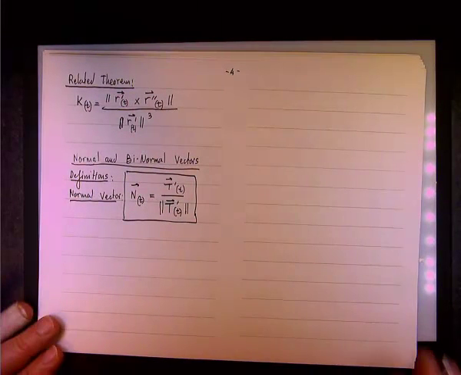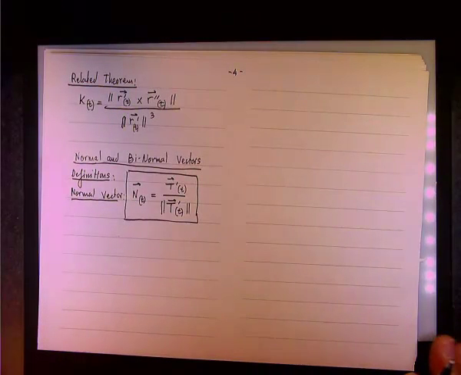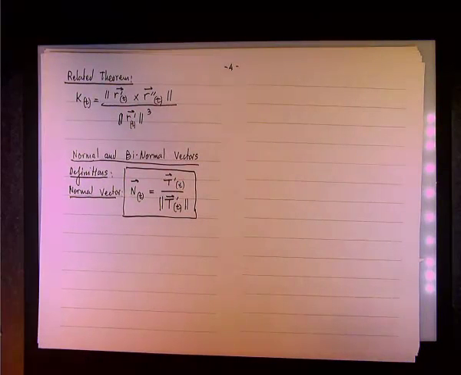What's the length of this vector? 1, it's unit length. Remember, so is the tangent vector, r prime divided by its magnitude.